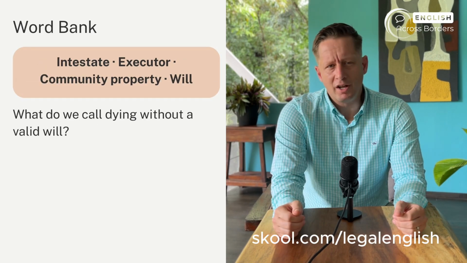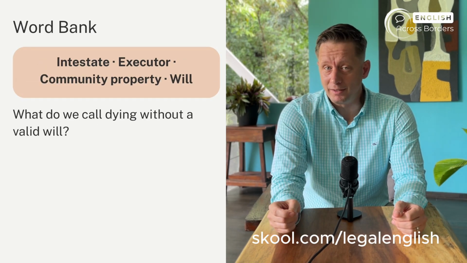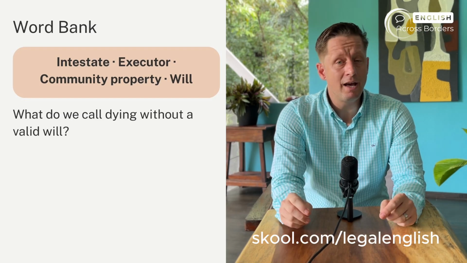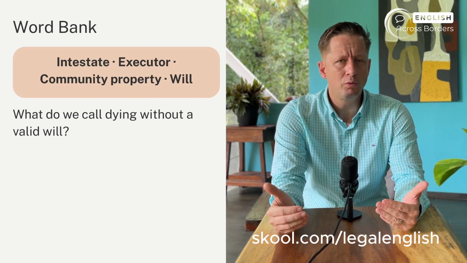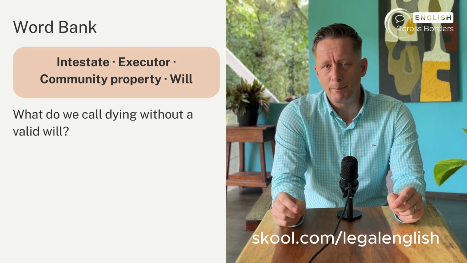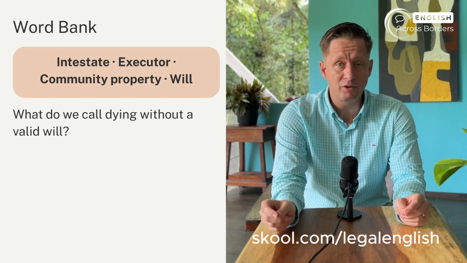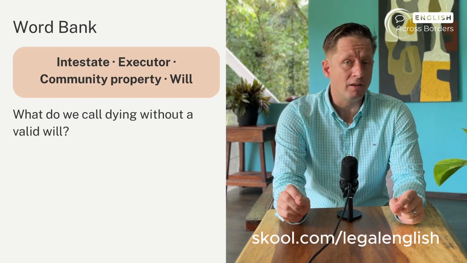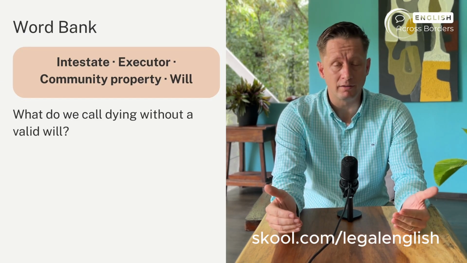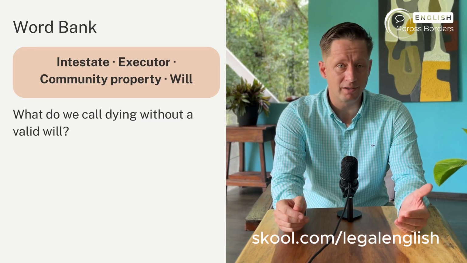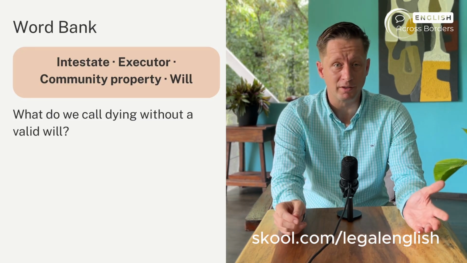Now, picture another client. Mr. Gomez comes to you and says, my uncle just died. He never wrote a will. Who receives his property now? You explain, when a person dies without a valid will, we use the law of intestacy. The law decides who inherits, usually the spouse and children first, then other relatives like parents or siblings.